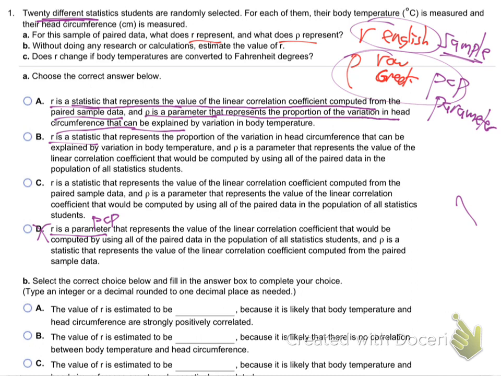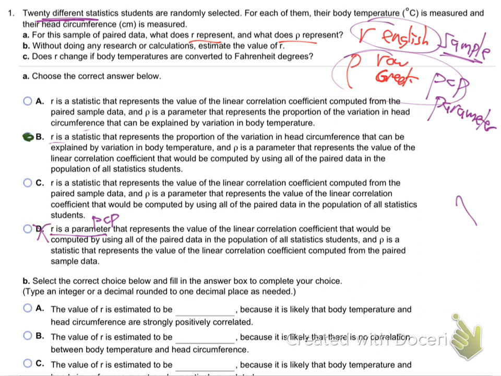Okay, wait, that sounded good. Wait, they all sound good to me here. These are tricky. I think it's B.